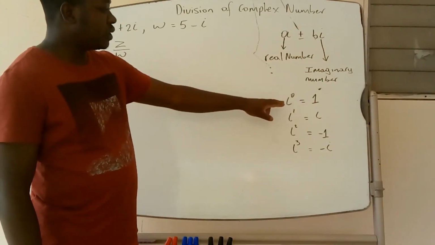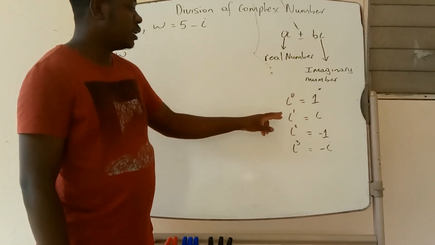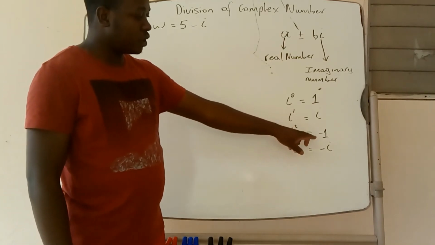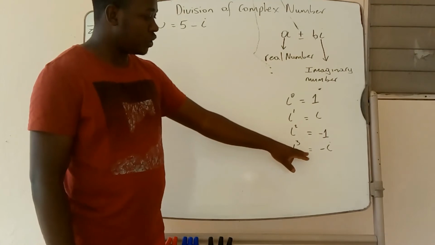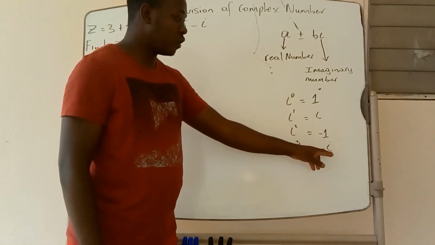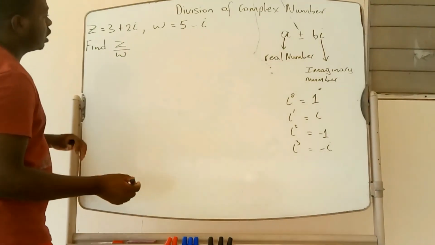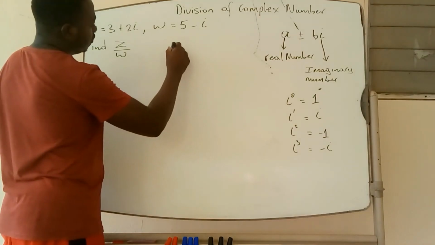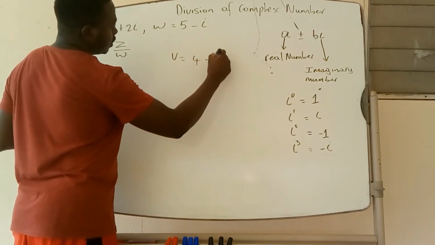You need to remember that i raised to the 0 power is equal to 1, i raised to the first power is just equal to i, i squared is equal to negative 1, and i cubed is equal to negative i.